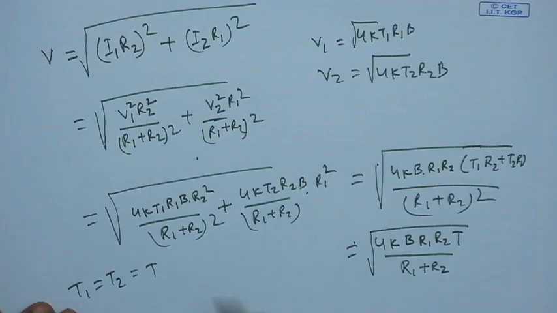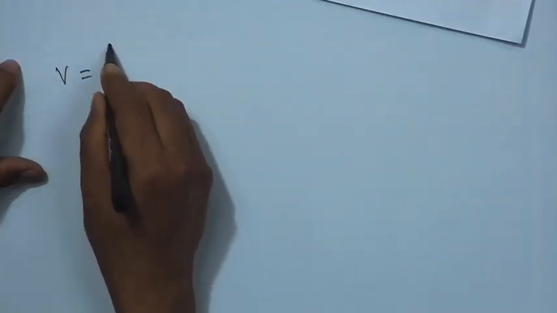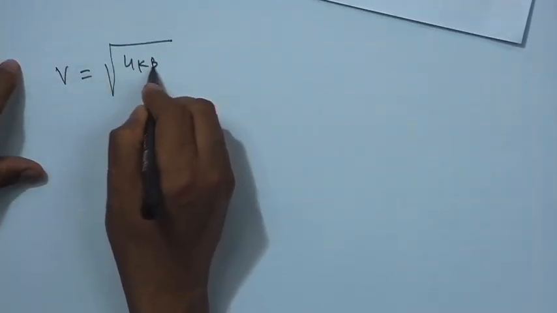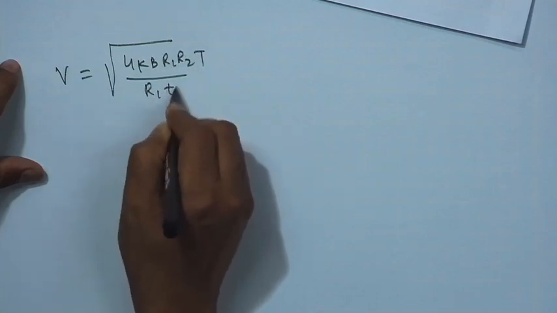Okay. Now, let both have the same temperature. So the voltage in that case, V, is equal to root over of 4kB R1 R2 T divided by R1 plus R2.